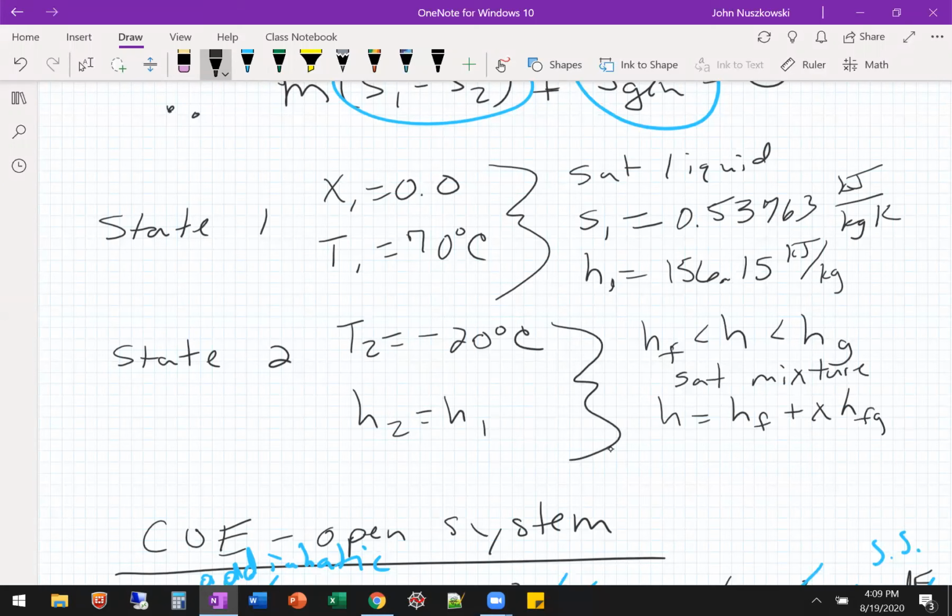So we can use this equation to get quality at state 2, and then use the same equation, but with entropy, to get S2.